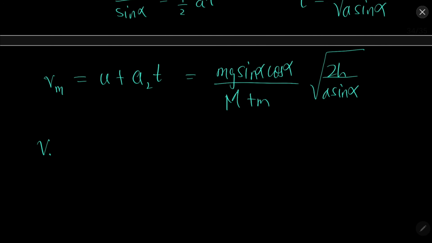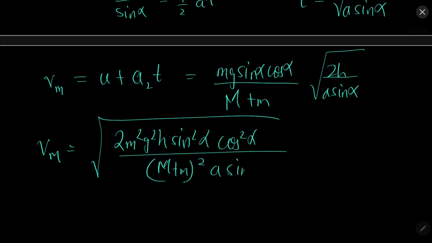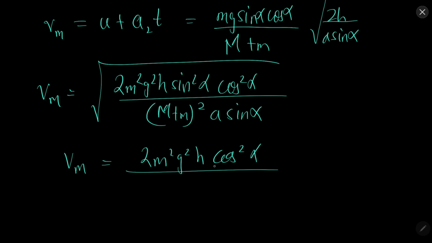So it will be 2m square g square h sin square alpha cos square alpha over (M plus m) whole square a sin alpha. So VM will be 2m square g square h cos square alpha over (M plus m) times (M plus m sin square alpha).